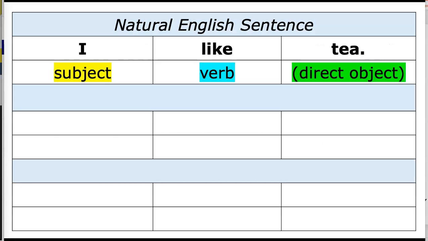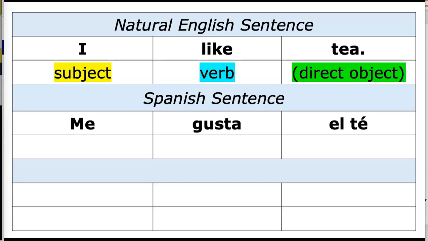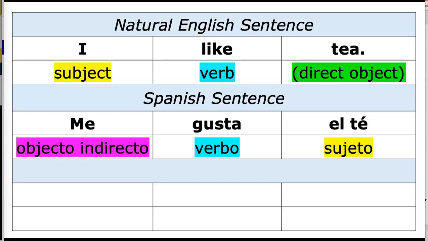So our natural English sentence, I like tea, subject, verb, direct object, in Spanish becomes me gusta el té. And notice we now have indirect object, then verb, then subject.